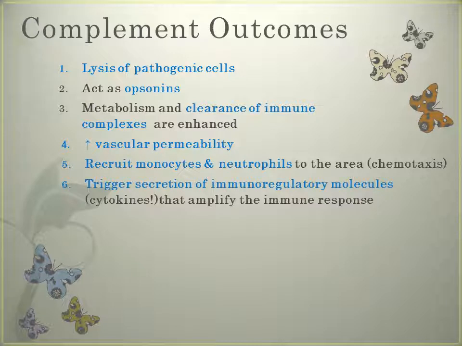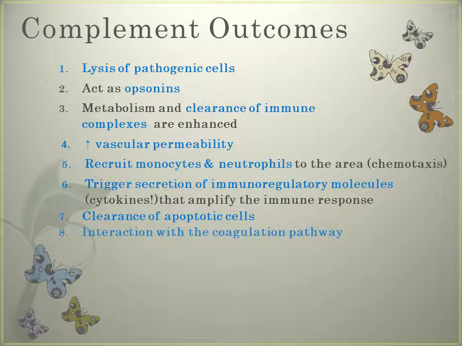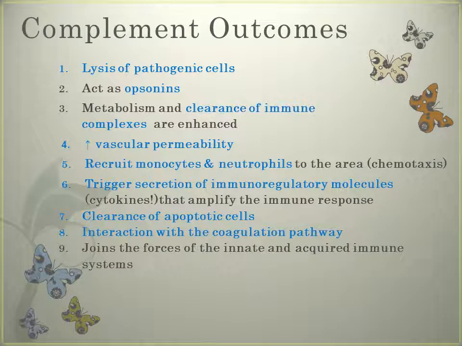It triggers the secretion of immunoregulatory molecules, back to those cytokines that serve to amplify the overall immune response. They help clear out the apoptotic cells, the dead and dying cells. The system does interact with the coagulation pathway.